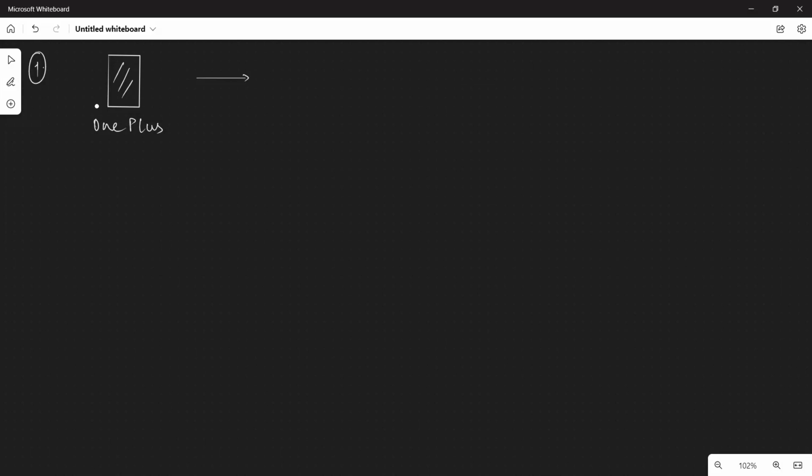Now the company OnePlus says that this mobile phone is the flagship mobile phone of their company, and this mobile phone will make sales of, let's say, $1 million globally.